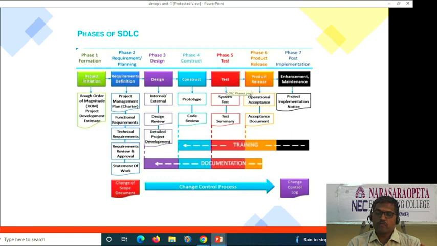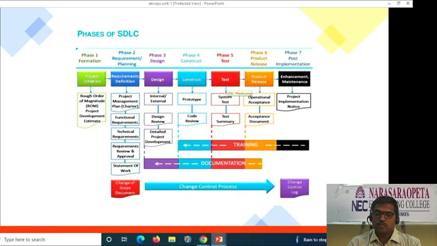So in requirement definitions, you prepare the project management plan and the complete chart, and what the functional requirements are, what the technical requirements are, the requirements reviews and approvals, and the statement of work. These are handled case by case: gathering the requirements, correcting them, and evaluating them, both functional and technical requirements.